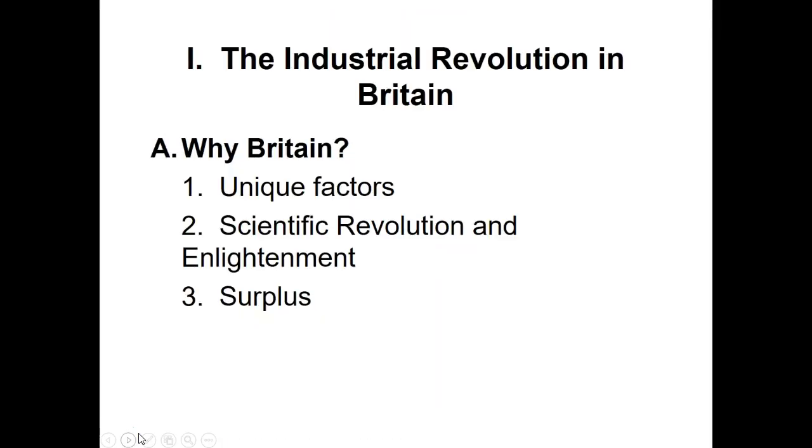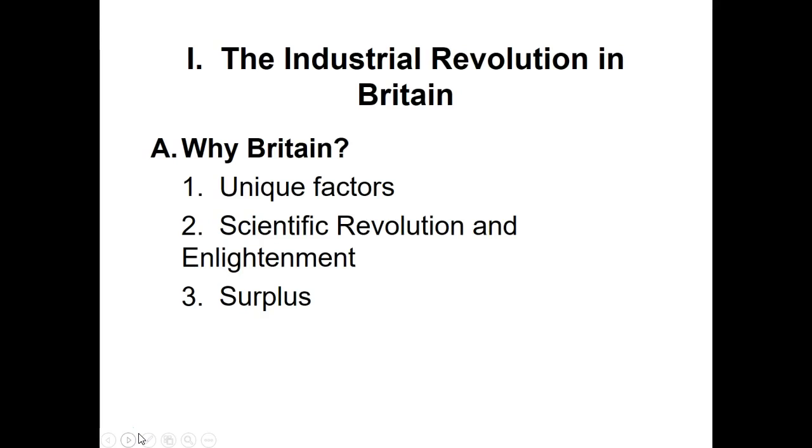The Industrial Revolution begins really in England, and the textbook tries to discuss why this happened. And there are lots of reasons. Britain is unique. It has tremendous raw materials that are going to fuel the first industrial revolution.